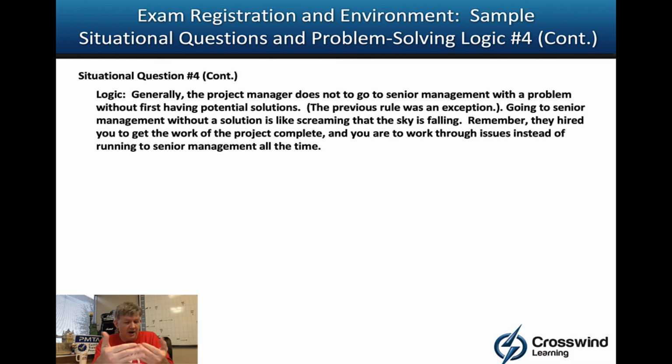Here is an option or options we've come up with. Are you good with this one, if it's one, or which one of these do you want to do? Now, that last piece there on the screen right now, remember they hired you to get the work of the project complete. So you need to work through those issues instead of going up there all the time.